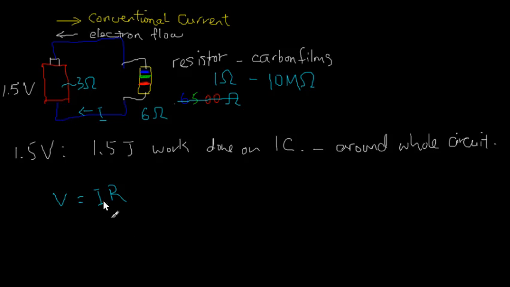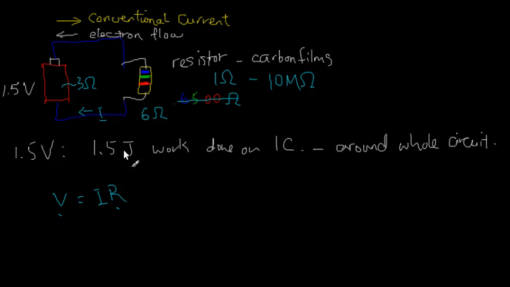Okay, so it's the same current going through both the inside of the battery and the resistor outside, but the resistance is different. So if you think of I as a constant, in the sense that it's the same in the battery and outside the battery, then the voltage and R are proportional, meaning that the voltage across this 3 ohm in the battery and the voltage across that 6 ohm resistor must be proportional.